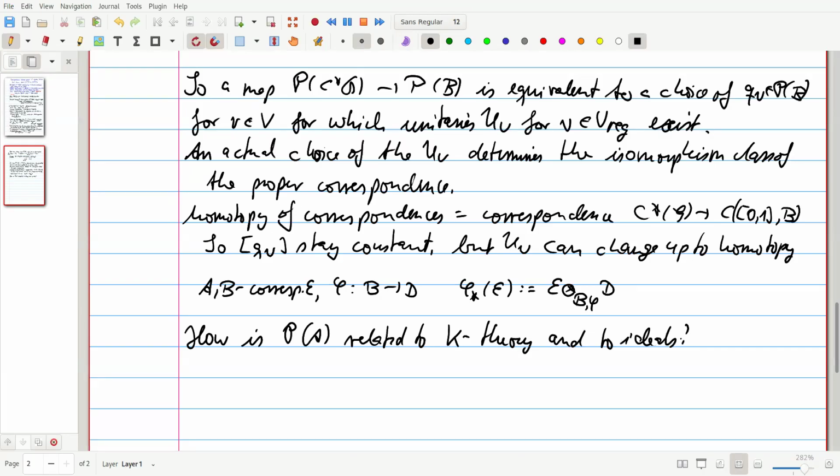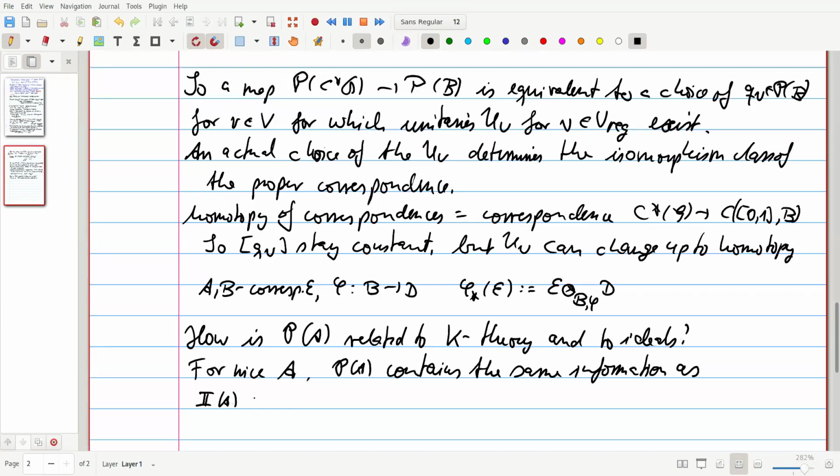And what I claim is that, at least for nice C-star algebras, this P of A is determined by the ideal lattice, where I of A means the ideals in A. You take an ideal and you take the positive part in the K-theory of the ideal, which is an abelian monoid, of course.